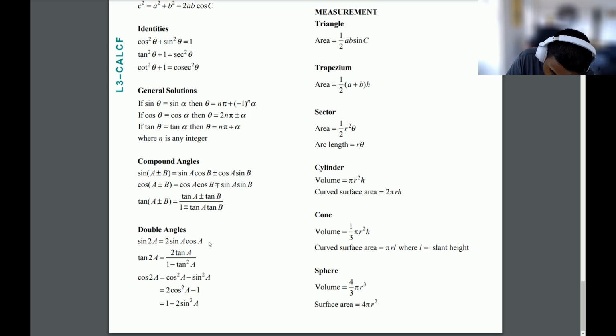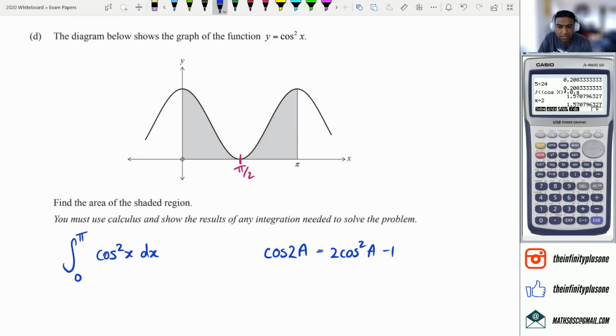So we've got cos 2a equals 2 cos squared a minus 1. All right, so let's go back to this. So that's the formula I'm going to be working out of. But of course, I need to rearrange this. So it's going to become 1 plus cos 2a is 2 cos squared a, and then cos squared a equals 1 plus cos 2a over 2.